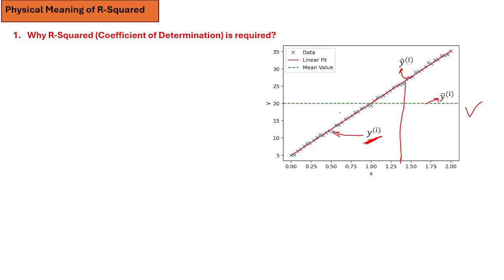So the whole purpose of this linear regression would be to make this fit perfect, or near perfect. How good the fit is, is represented by R squared. So the purpose of R squared is just a check of the fitting of this line with these data points.